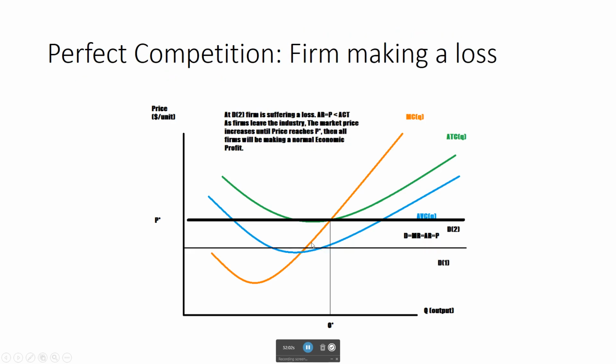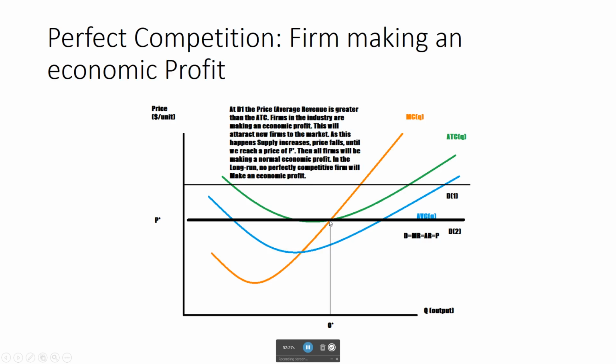As price increases, firms will start to charge a higher price for their output. Firms will continue to leave the industry until we get back to this point where the firms are earning a zero economic profit, the same point back here.